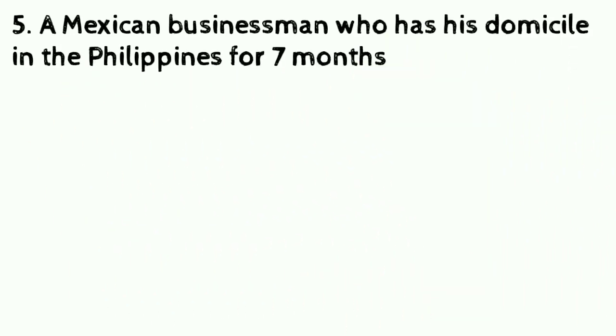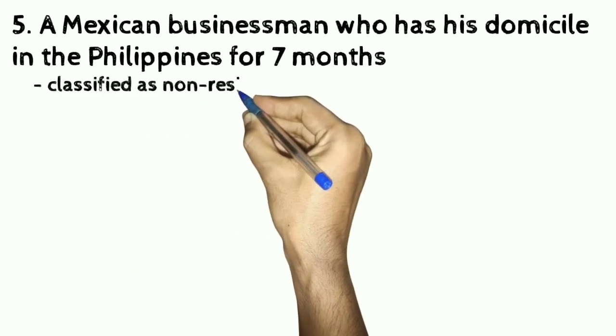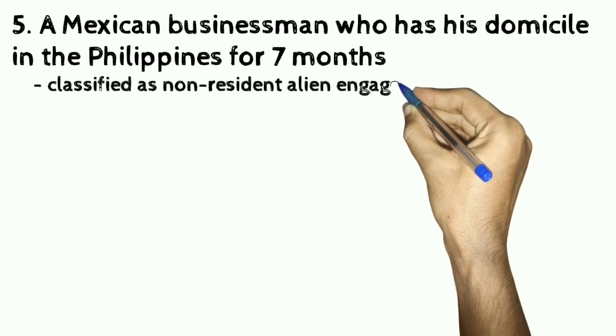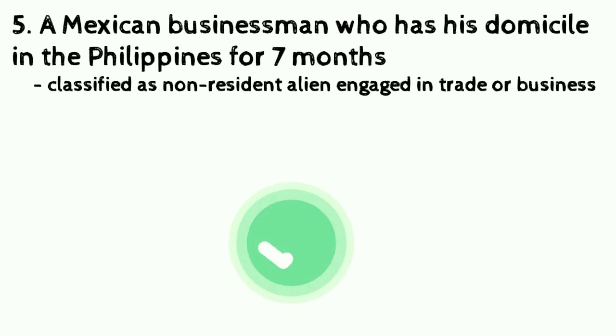The Mexican businessman is not classified as a resident alien since he is in the Philippines for less than 1 year. The Mexican businessman will be classified as a non-resident alien engaged in business since 7 months ay more than 180 days. So, ang magiging classification ni Mexican businessman ay non-resident alien engaged in business.